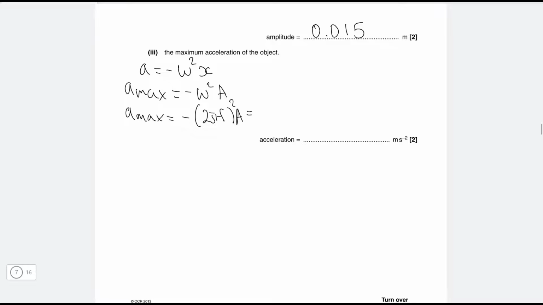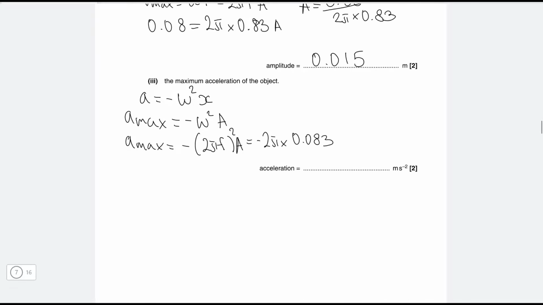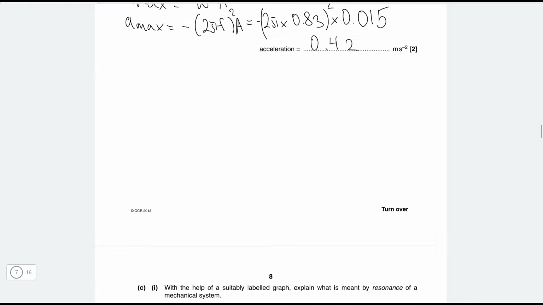So this will be minus 2 pi times 0.83. Let's see if that was my frequency, or it was 0.83. So just always double check your numbers, guys. So 0.83, and we're going to square this, and we're going to multiply by the amplitude, which we've just found to be 0.015, giving us 0.42 meters per second squared.